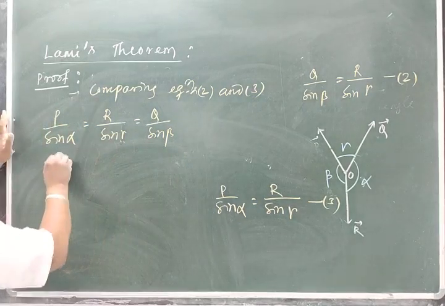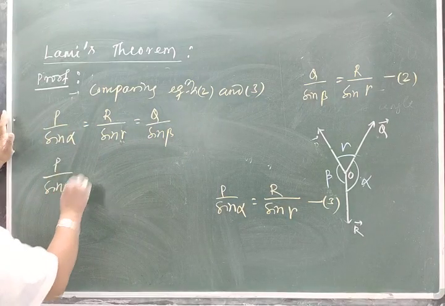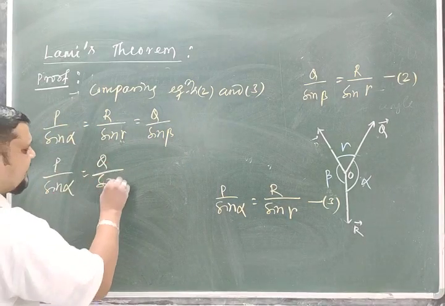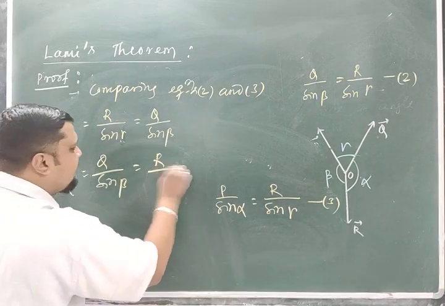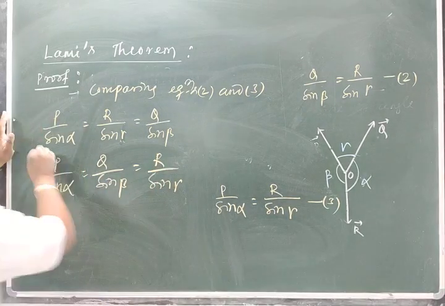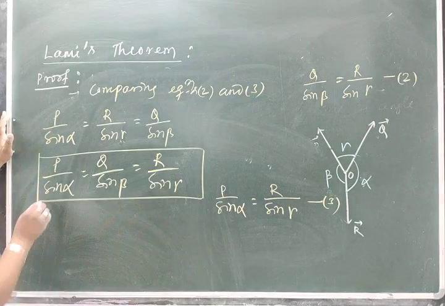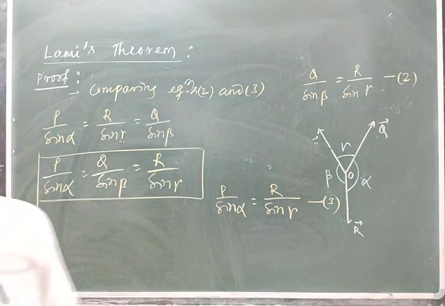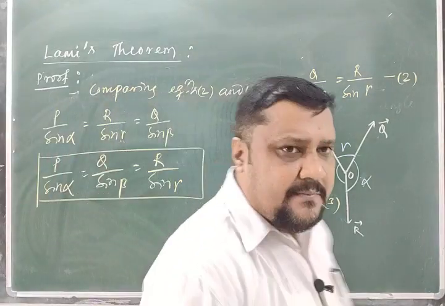So we can write this as P by sine alpha is equal to Q by sine beta is equal to R by sine gamma. So this is the proof of Lami's theorem.